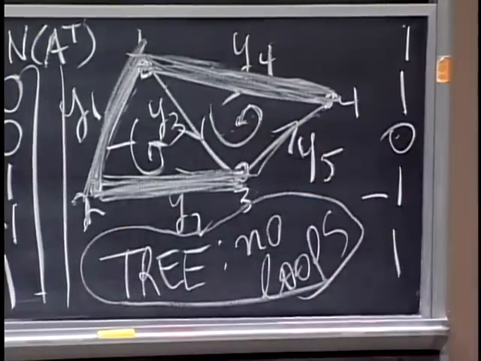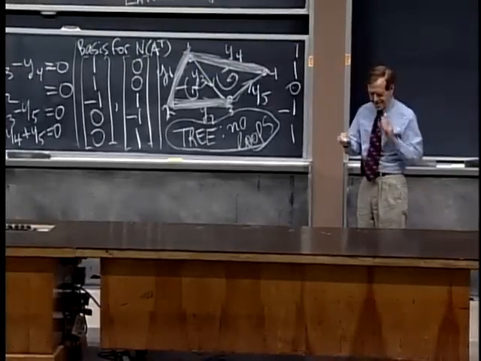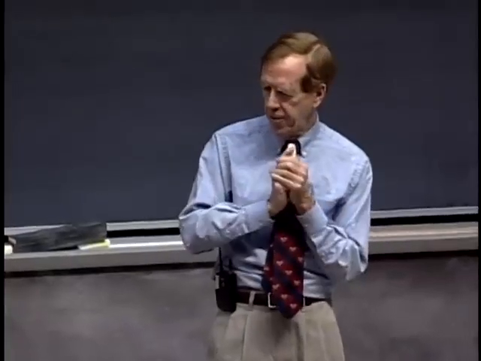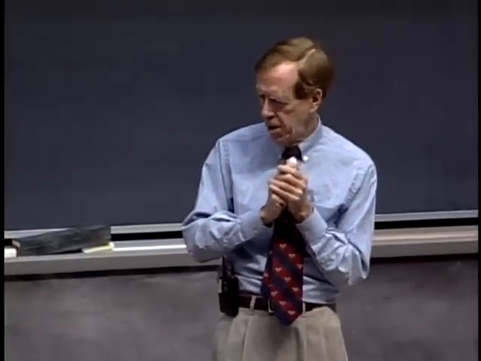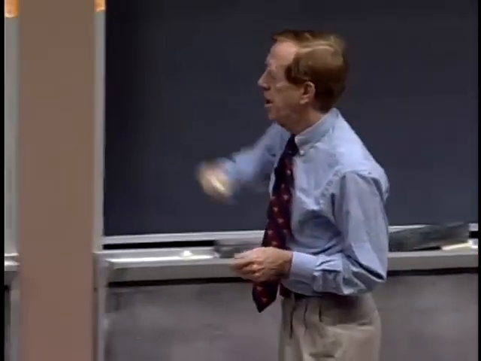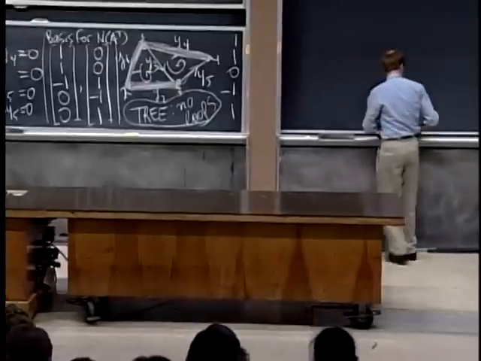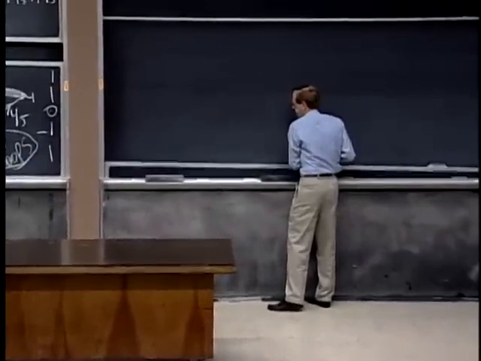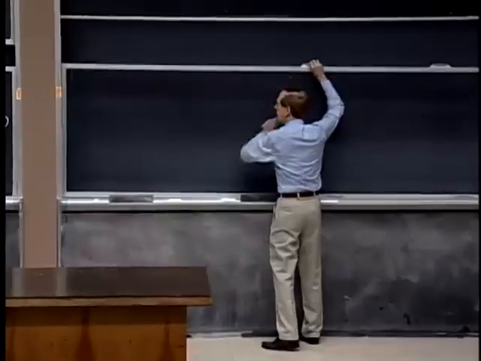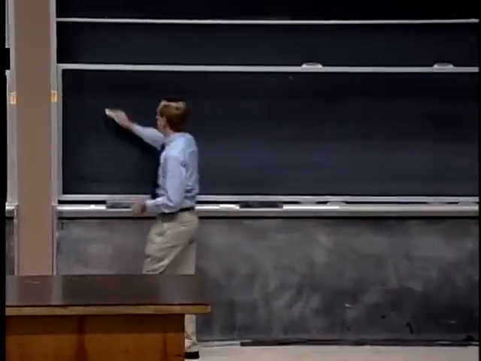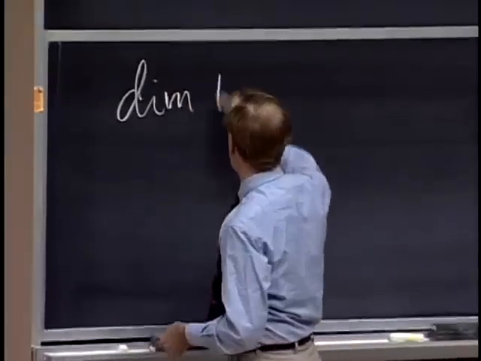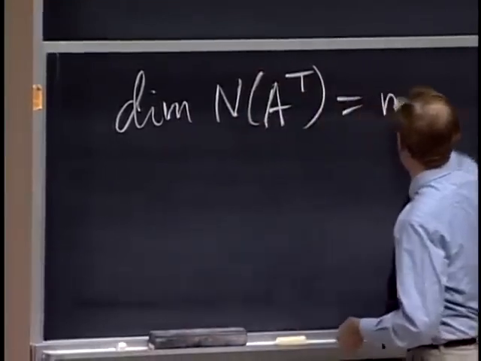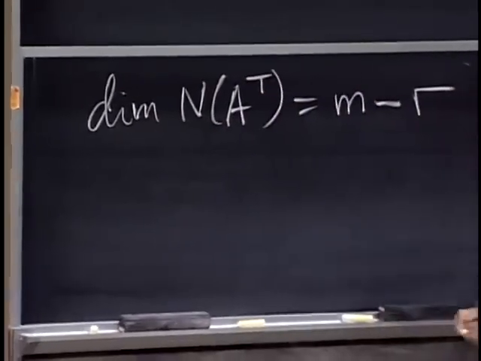And just to take one last step here, using our formula for dimension. Let's look once at this formula. The dimension of the null space of A transpose is M minus R. Okay.